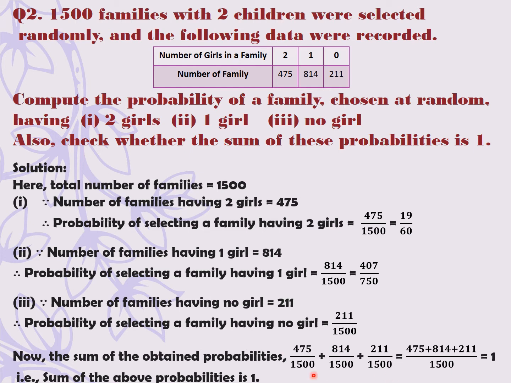Let's take the LCM and sum it up, and hence we will get 1500 by 1500, that is equal to 1. So from this example we can clearly see that the total probability of one event will be 1.